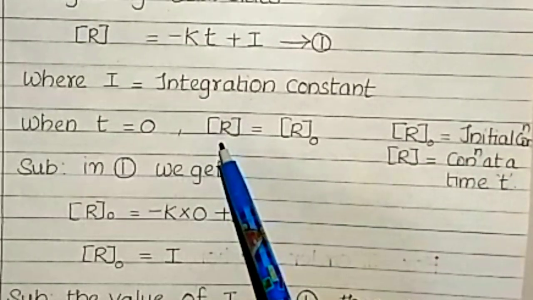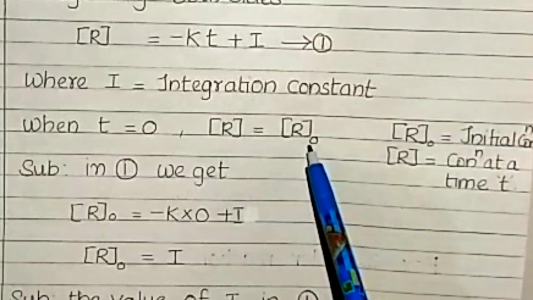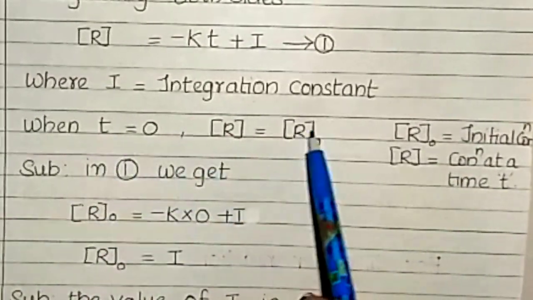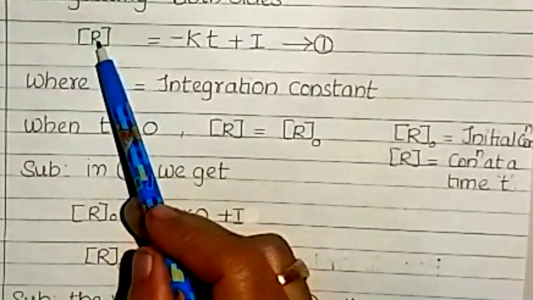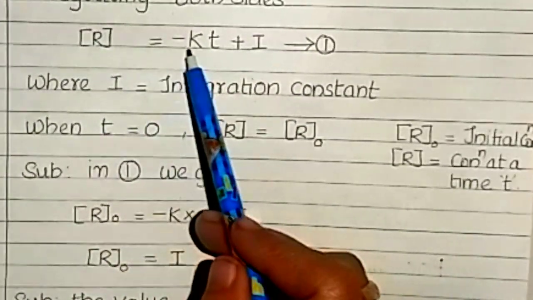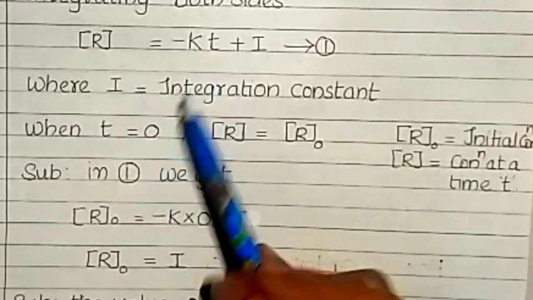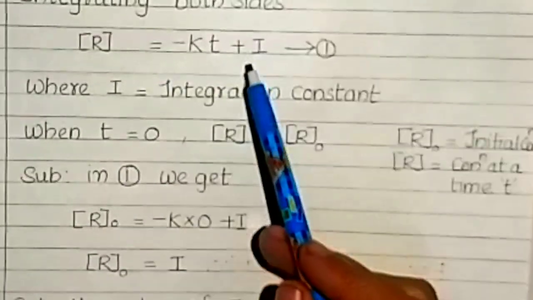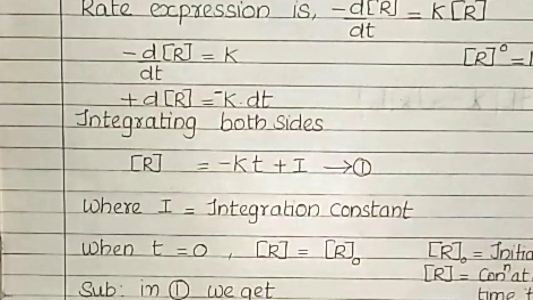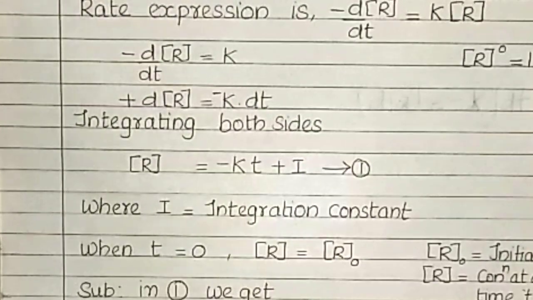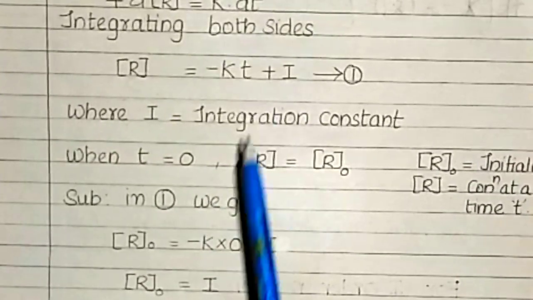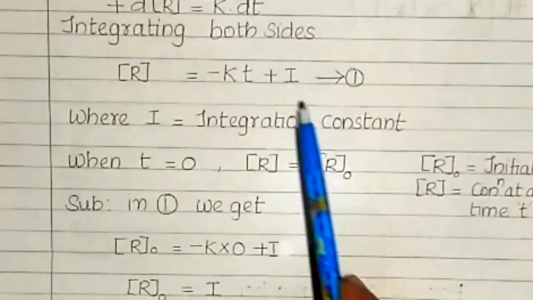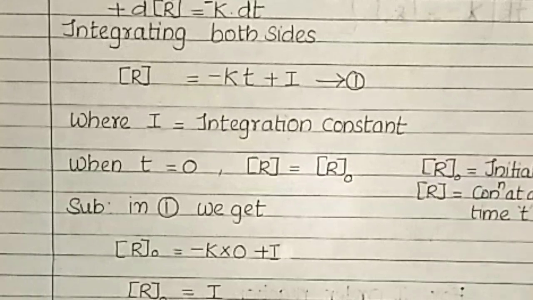Then substituting the value in equation number 1, instead of R we write R0 is equal to minus K into, instead of t, we substitute 0, plus I. Then we get concentration of R0 is equal to I. Substituting the value of I in the first equation, we get concentration of R is equal to minus Kt plus, instead of I, we substitute R0, equation number 2.